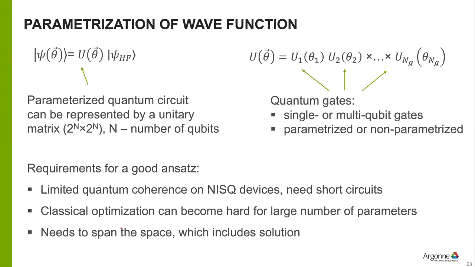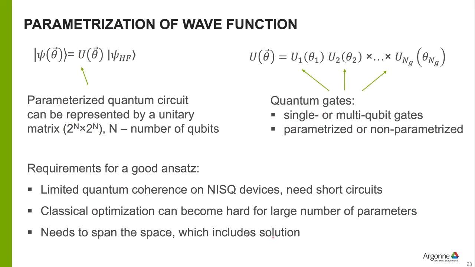And the ansatz needs to span the space which includes the solution, because if it can't generate the state that's your solution, you will never converge to that solution.